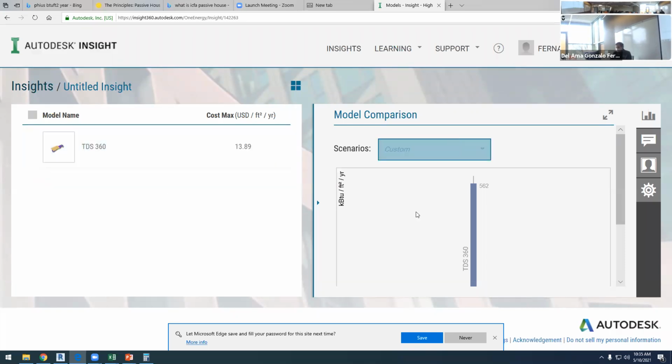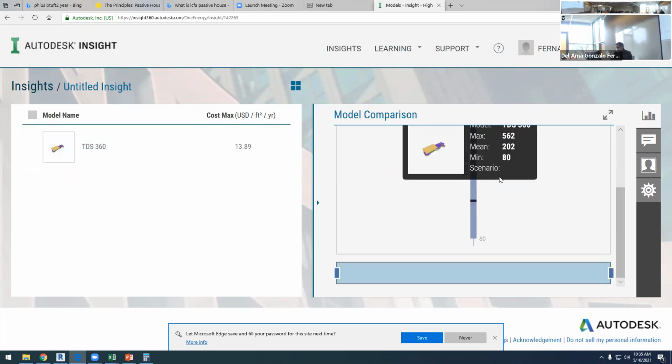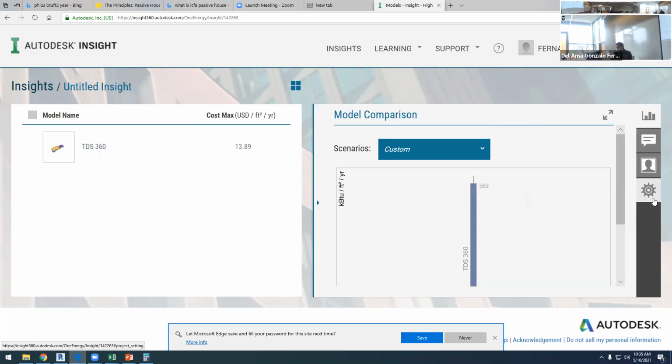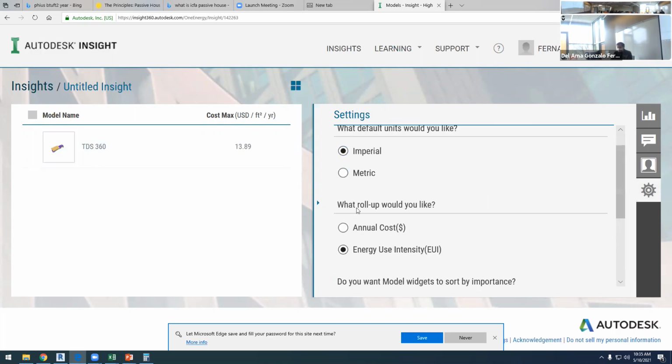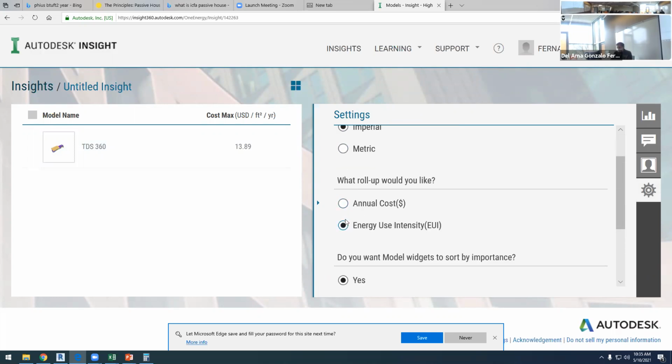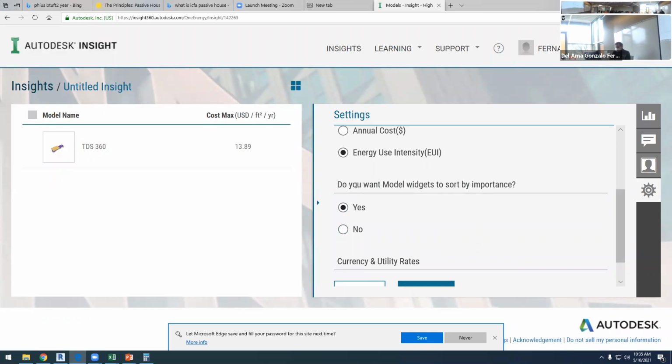First we need to understand this. Here we can adjust some settings. Click on settings, and we have Imperial. We can analyze this in terms of cost or energy use. We're not talking about money yet, but we are going to analyze the energy used. That's important.